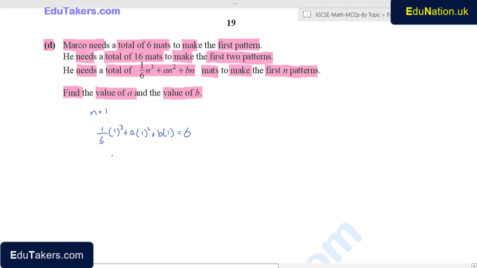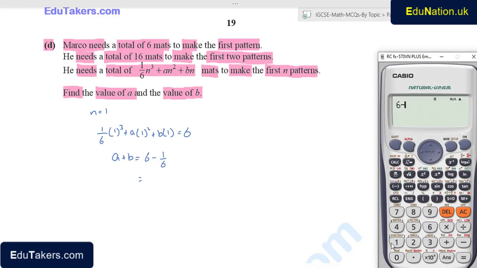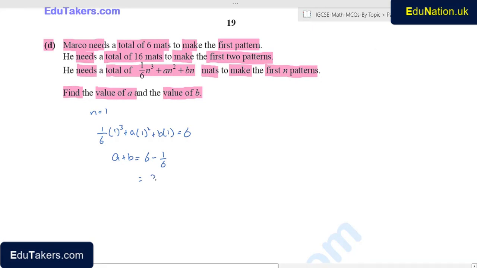This will be a plus b equals 6 minus 1 over 6. 6 minus 1 over 6 is 35 over 6.